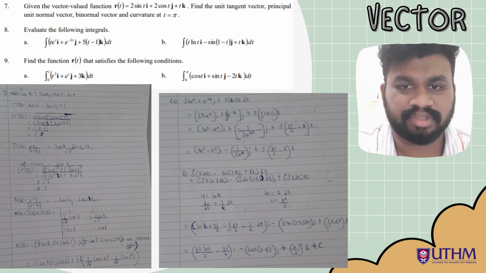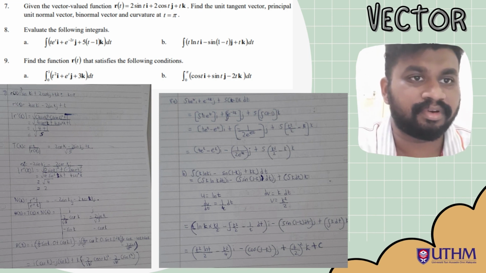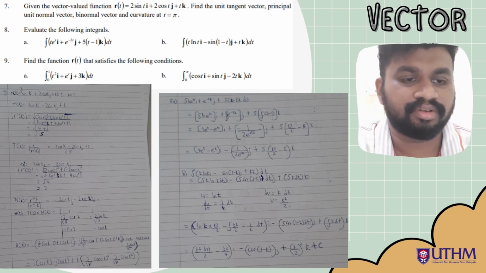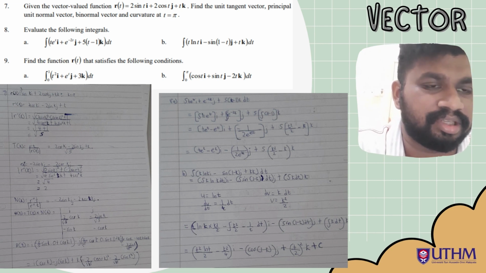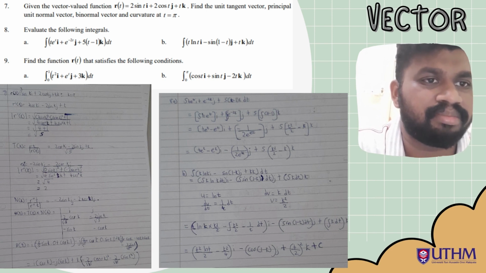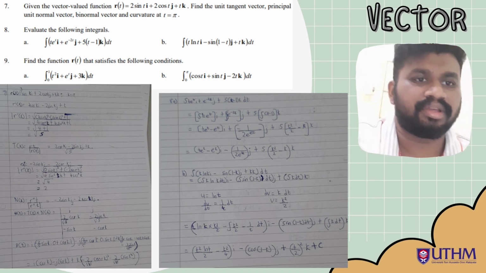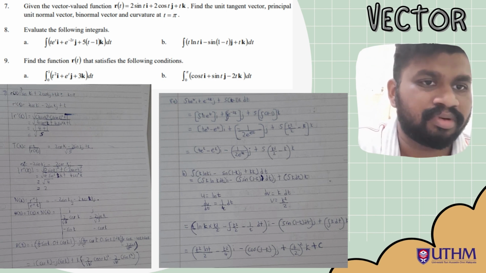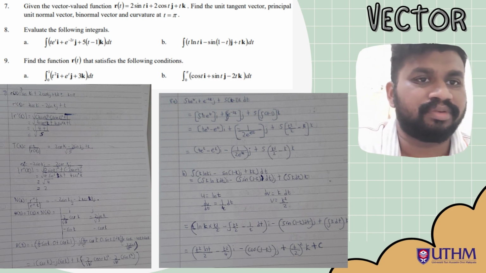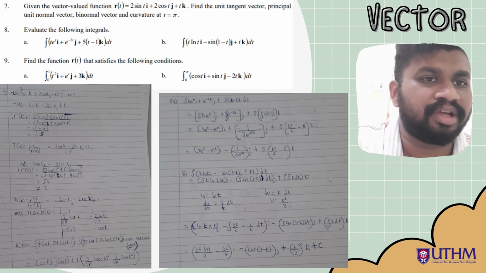Now we are looking at question 8. Question 8 says, evaluate the following integrals. So let's look at each question. First, question A, you have to integrate t e to the t i plus e to the negative 2t j plus 5 bracket t minus 1 k. So we have to integrate it. So first step, just write the equation. After that you put a bracket.